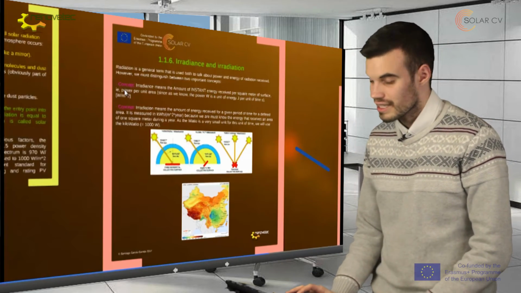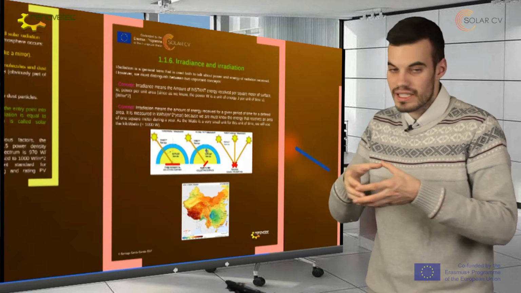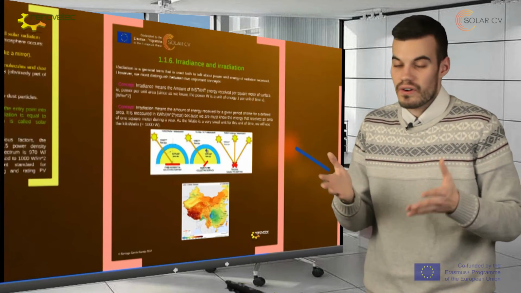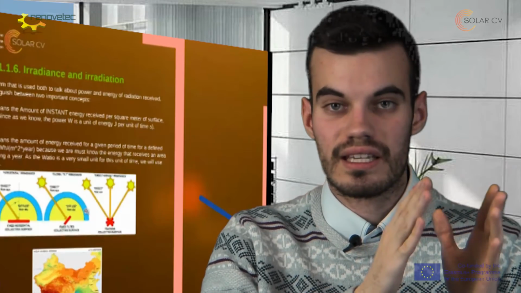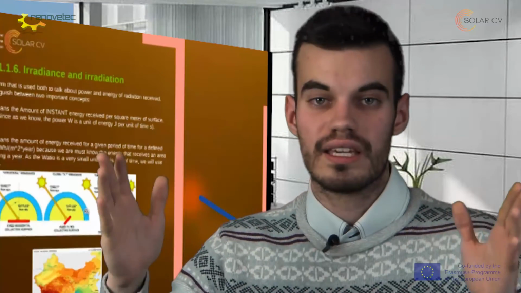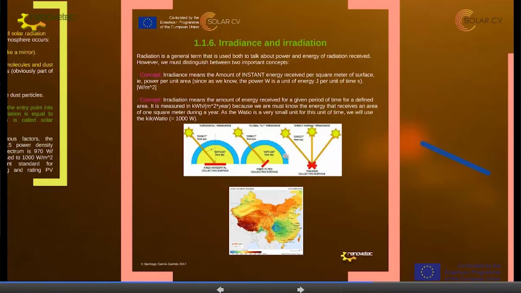And this is irradiance, the amount of energy that we get for a given area, for example a meter square. And if we translate this instant energy to a given period, for example a year, we are going to have the irradiation. Irradiation means the amount of energy received for a given period of time for a definite area, for example in kilowatt hours per meter square per year.